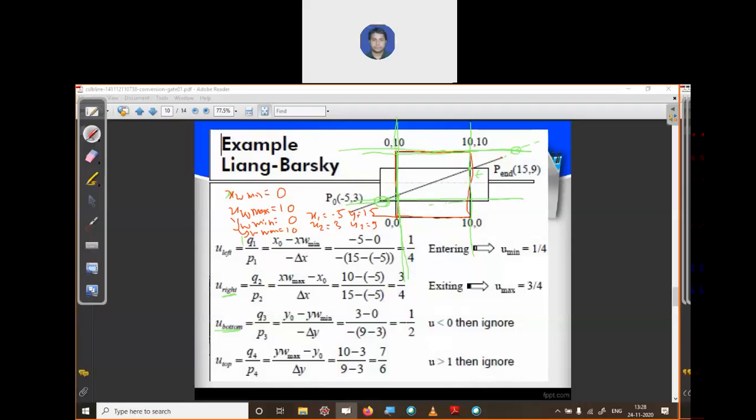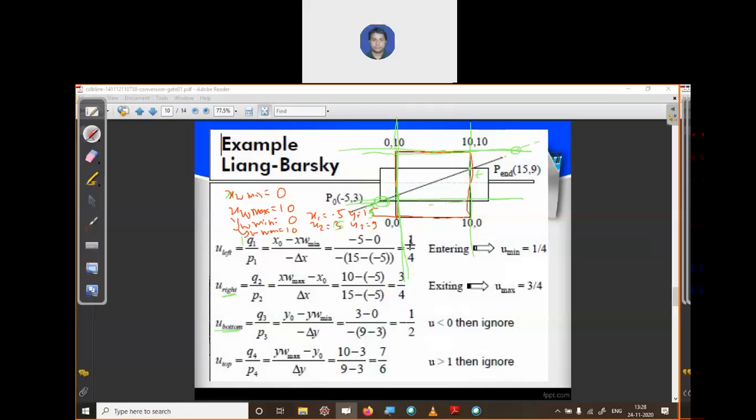X2 is 15, x1 is minus 5, and y2 is 9, and y1 is 3. I've just typed the wrong value. So this 15 minus minus 5 is 20, and you will get minus 5 divided by minus 20, which is 1 by 4.